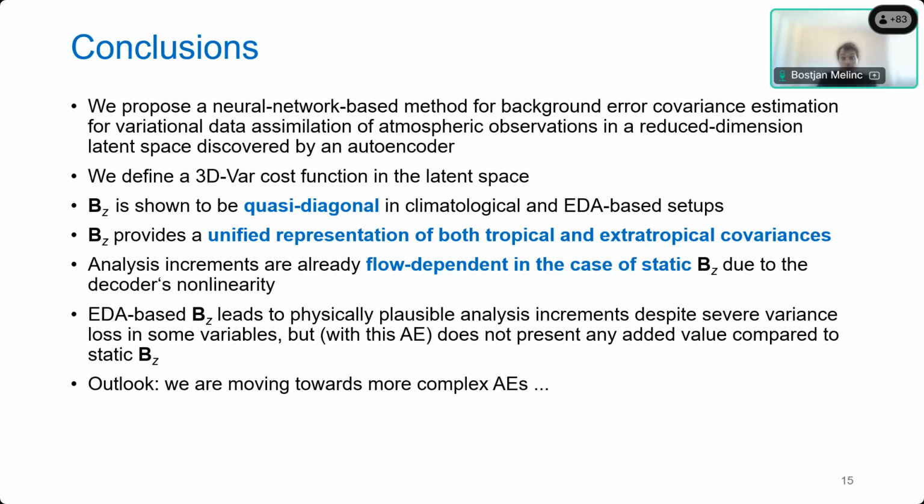The analysis increments are already flow dependent in case of static B due to the decoder's nonlinearity, but for the EDA-based B, for now, does not present any added value compared to the static B, probably due to severe variance loss in some variables.